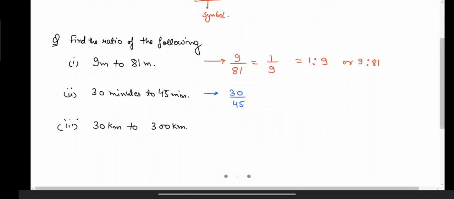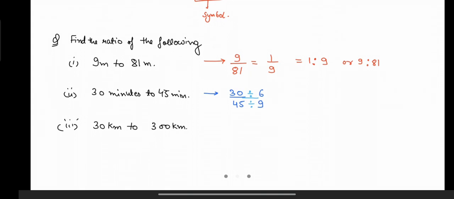We will just divide with the highest common factor, or if you're not able to, you can go step by step. Let's divide with 5. 30 divided by 5 is 6, so I'll write 6 over here. Then 45 divided by 5 is 9, so I'll write 9 over here.